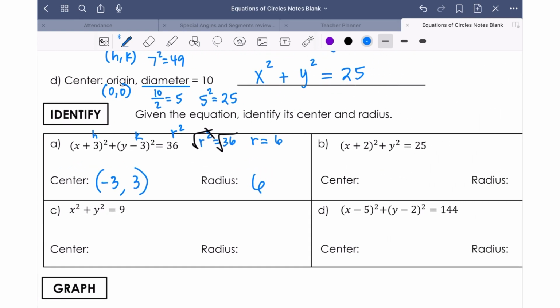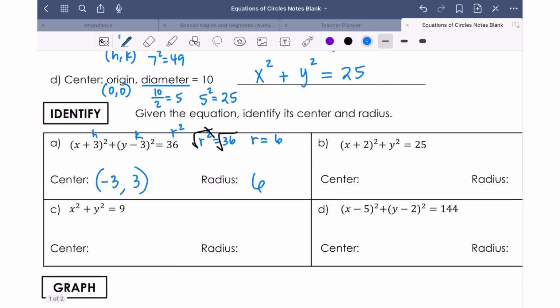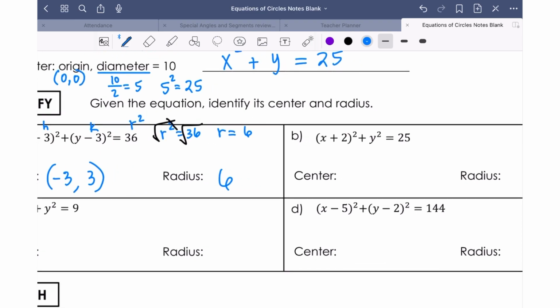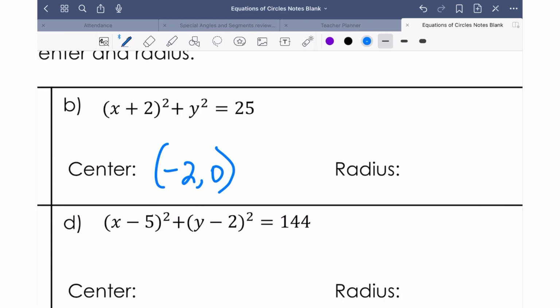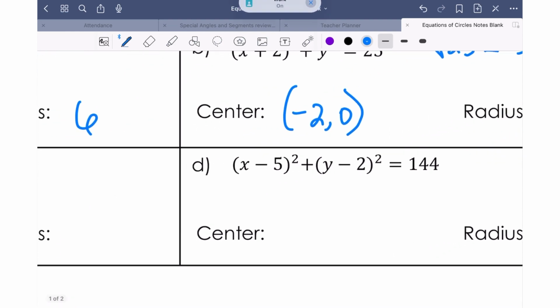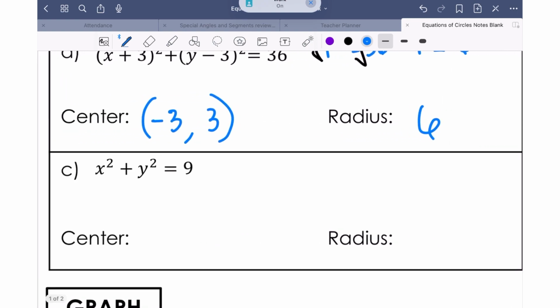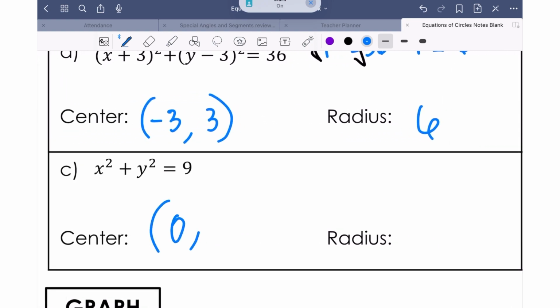Okay. All right, I'm going to pause the video and you are going to try to do B, C, and D. And then we're going to come back and check your work, okay? All right, here's B, -2, 0. Square root of 25 is 5, so your radius is 5. This one, 0, 0.